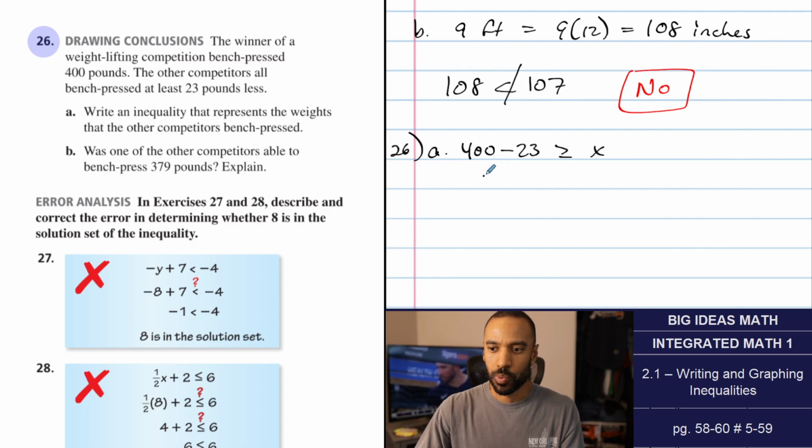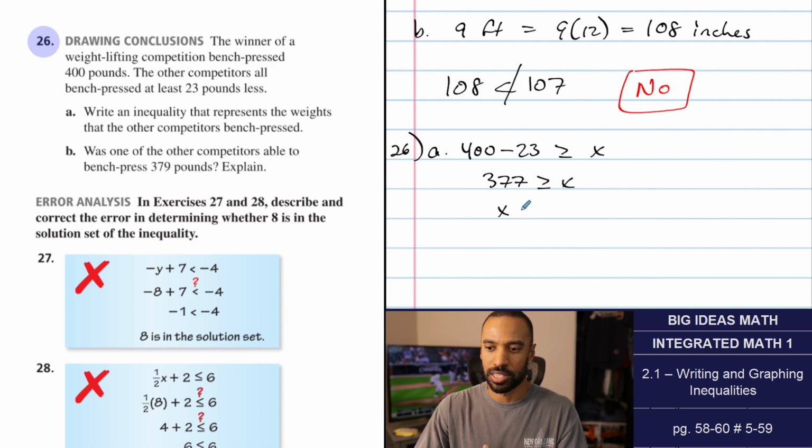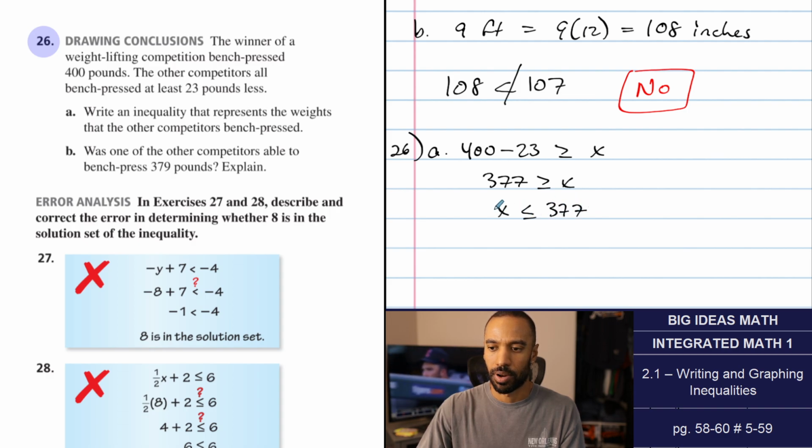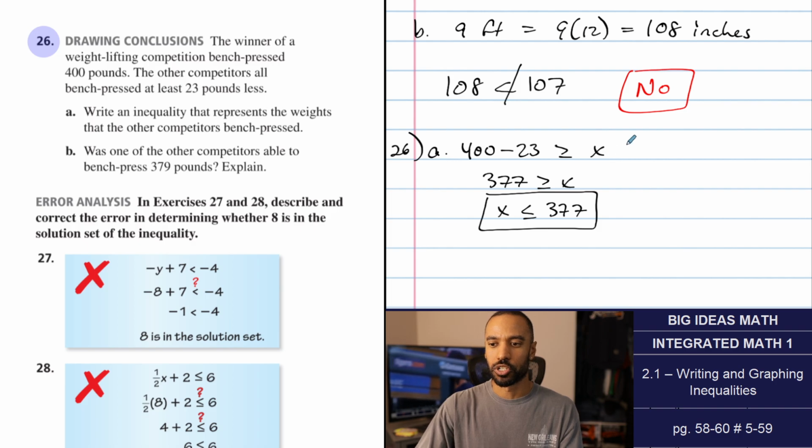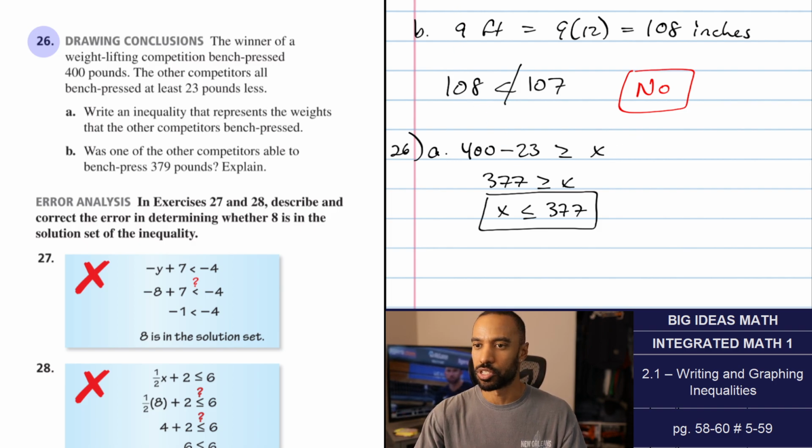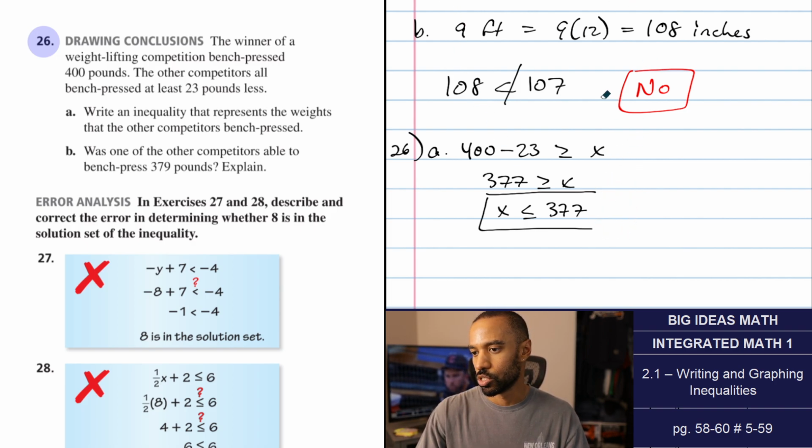Now 400 minus 23 is 377, but I'd prefer to write it now in this direction. If 377 was the most that we did compared to X, then X had to be that or less, right? So just kind of different versions of how we're coming up with that. By the way, this is in pounds. Let's do a little LBS there.